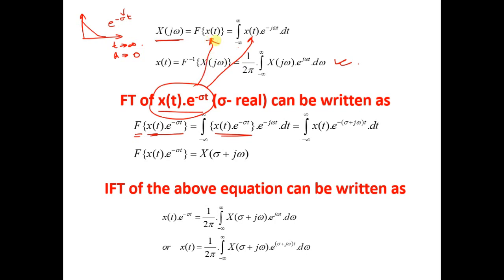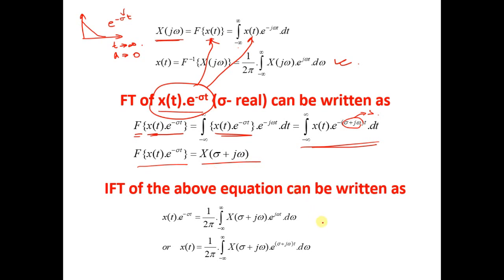Okay, so we got a parameter, integration from minus infinity to infinity of x of t e to the power minus (sigma plus j omega) t. What do we call this? We call that s. Okay, so we get to this equation.